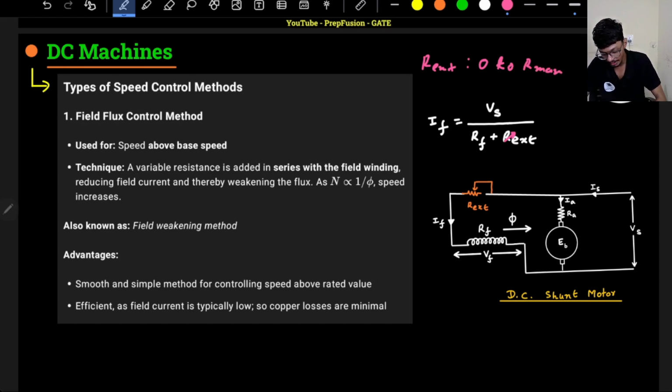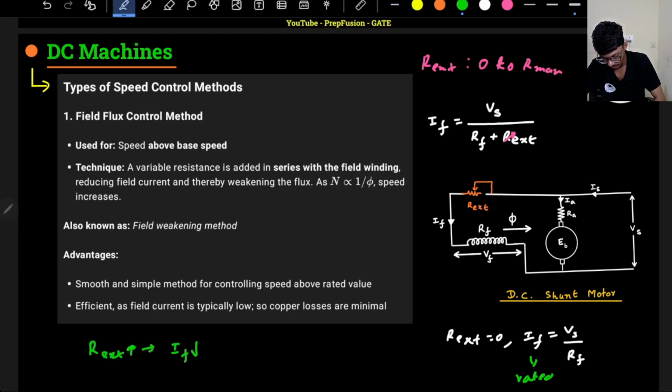When R external is 0, my IF will be Vs upon RF, and this current is known as the rated field current at rated condition. After this, if I keep on increasing my R external, the IF current will keep on reducing.